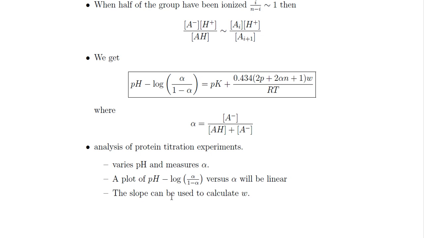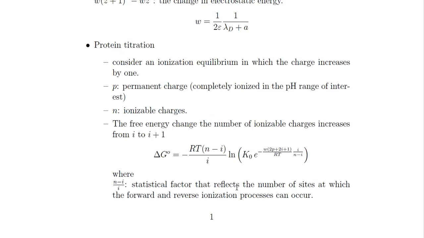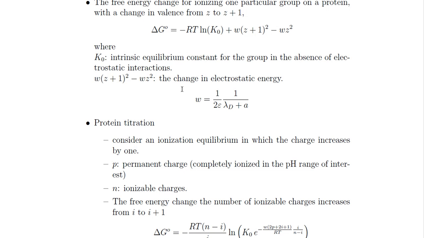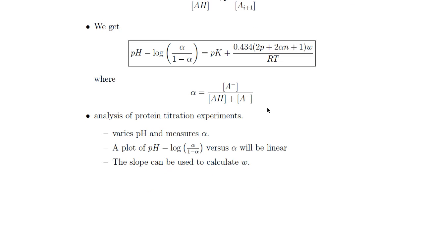The slope can be used to calculate the change in the electrostatic energy. So for that we can know how many sites in the protein, or how many side chains in the protein, can be ionized.